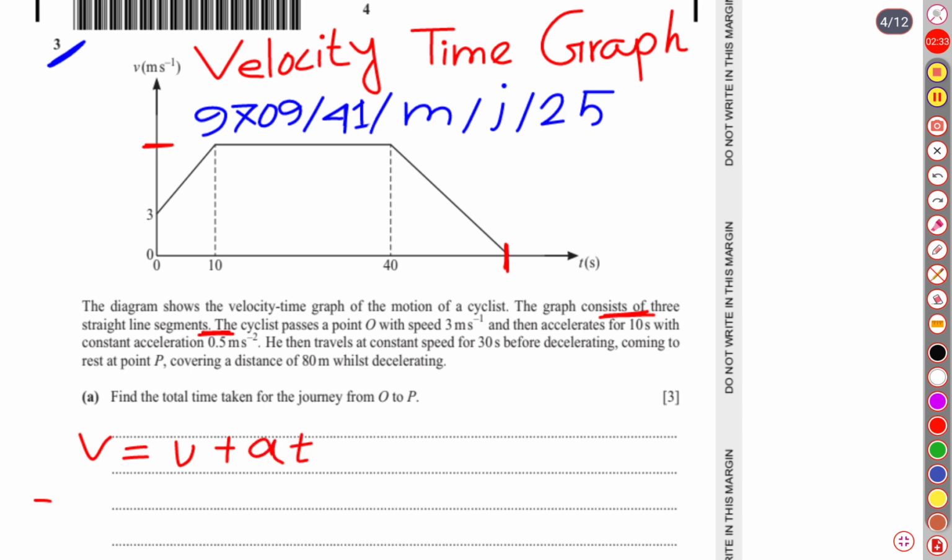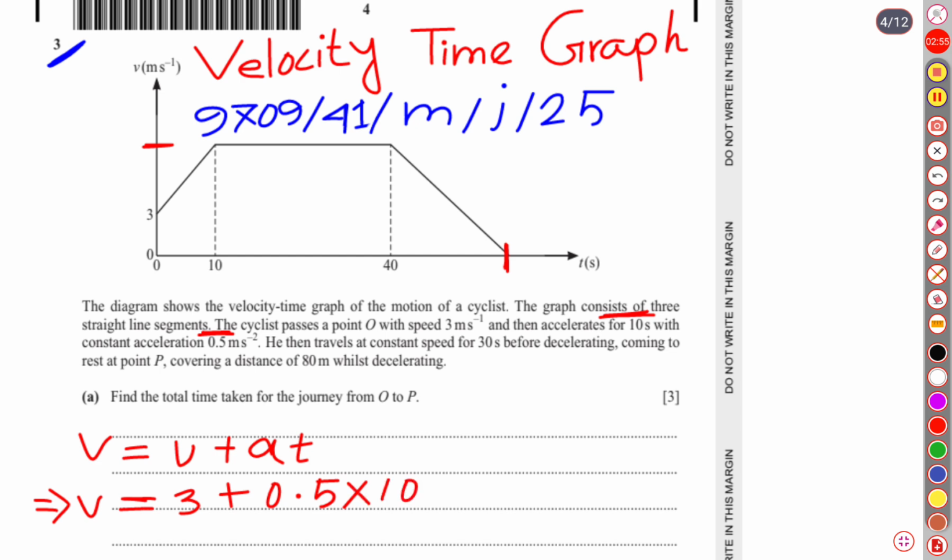Then we require V. Let us substitute the values we do have. Initial velocity of the cyclist was 3. So let us write 3 plus, as it was accelerating at the rate of 0.5 and the duration was 10 seconds, so 0.5 into 10.